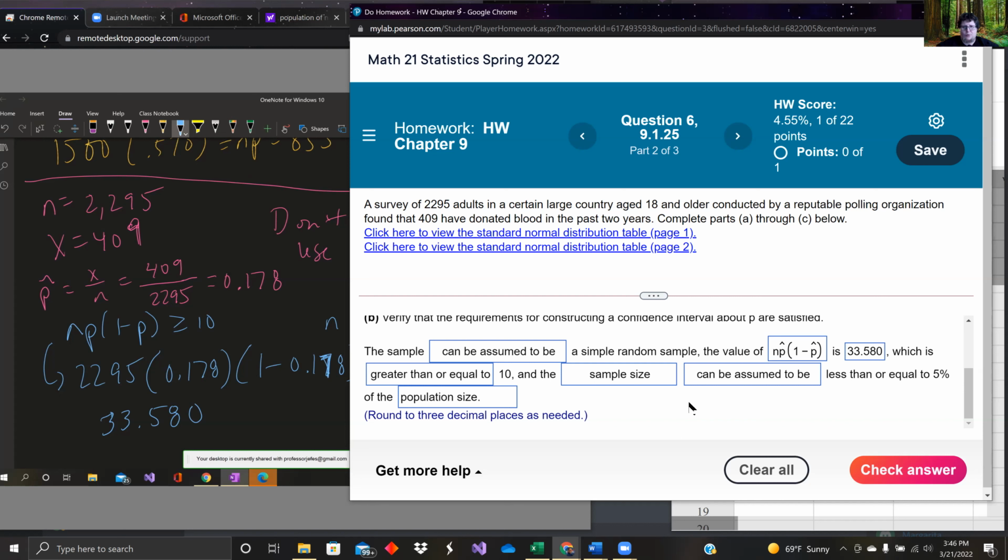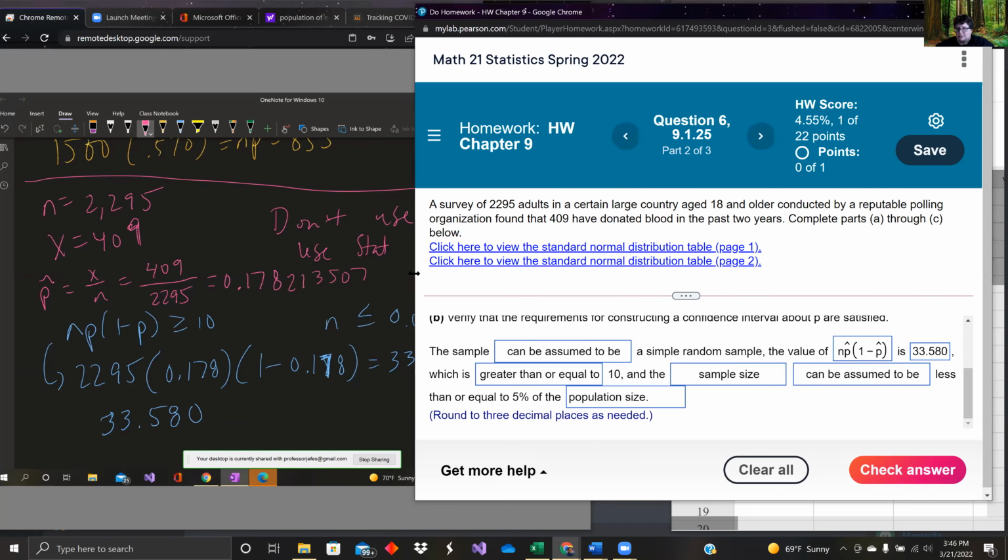I rounded to 0.178. Maybe I won't round here. So let me write some more numbers down. 213,507. Let me use that number. Maybe my rounding there gave me something wrong. So I'm going to put that in here and in here, and I'm going to recalculate.